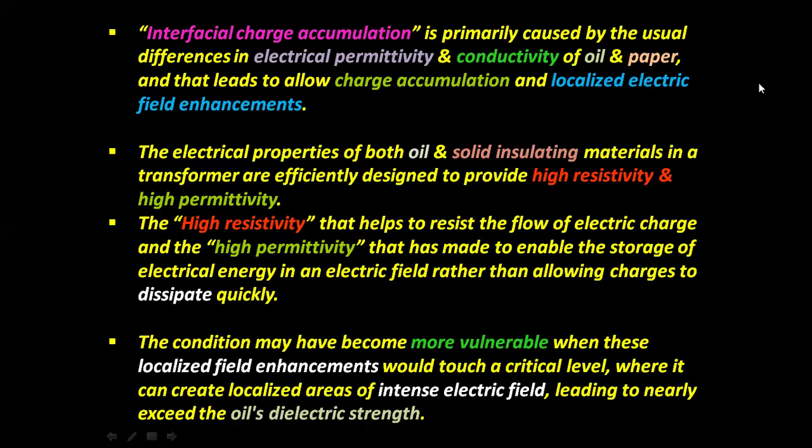The condition may become more vulnerable when these localized field enhancements touch a critical level, where they can create localized areas of intense electric field, nearly exceeding the oil's dielectric strength.